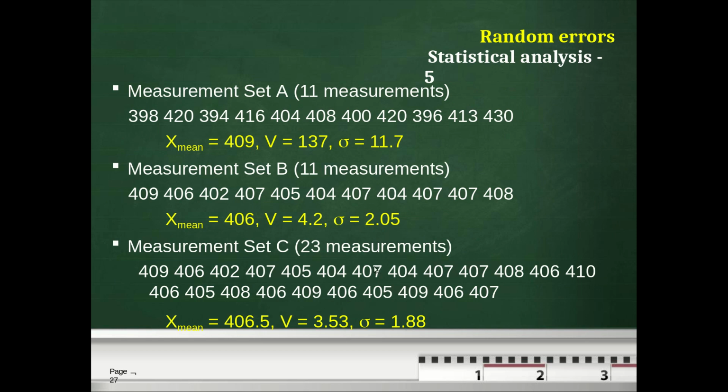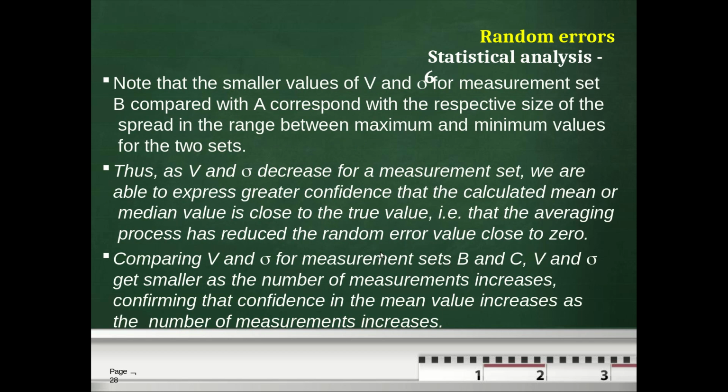So as the number of measurements increases, the deviation and the variance decrease, and we have confidence that the x mean is the exact value. We have now reduced the random error, and this is very close to the exact value that we want to measure. Okay, that's it for today. Thank you for listening.